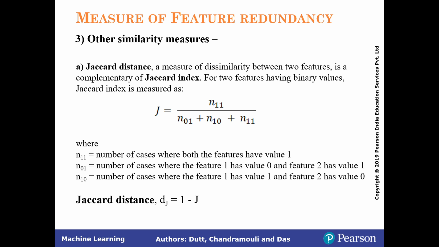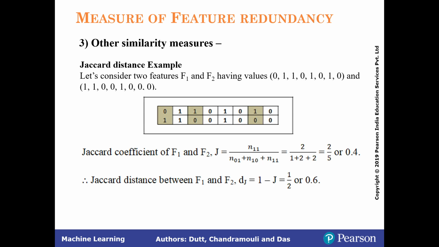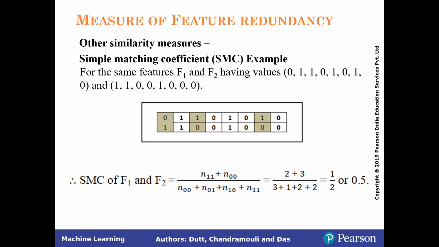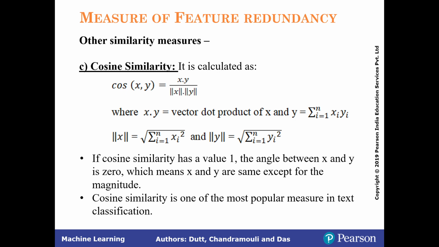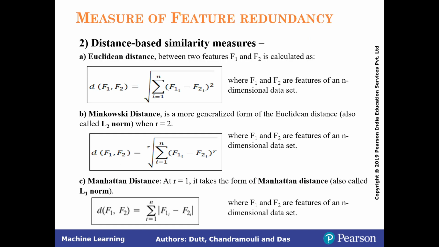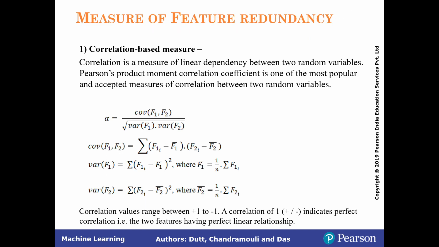Yes, one more is the Jaccard coefficient, nothing but Jaccard distance. Multiple concepts we are going to see, guys. You need not worry. While discussing unsupervised learning, I am going to cover these things.